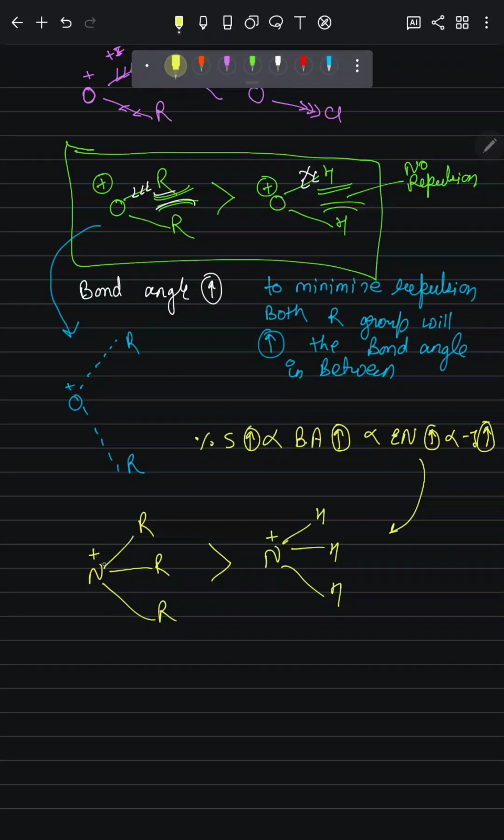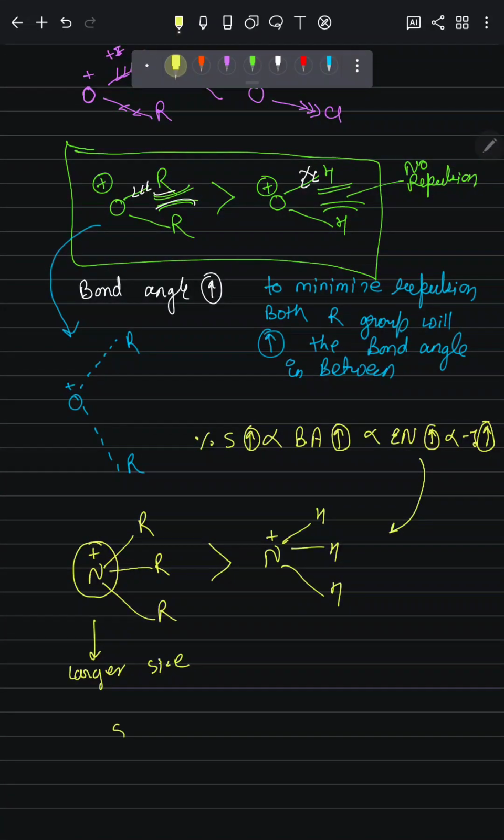And if this central atom becomes larger in size, some example of that is after the third group, in the fourth group, just like in the third group it is applicable.